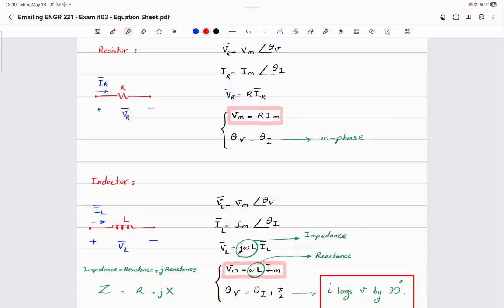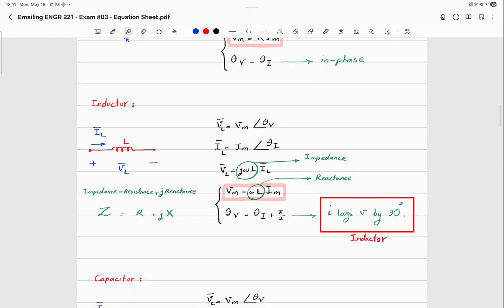Reactance. What is the imaginary part of complex power called? Reactive power. See, they are very similar terms, reactive power and reactance.